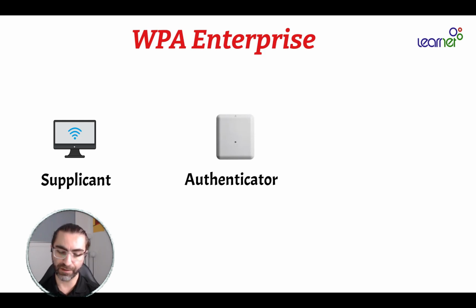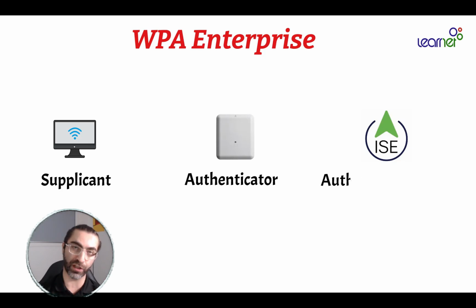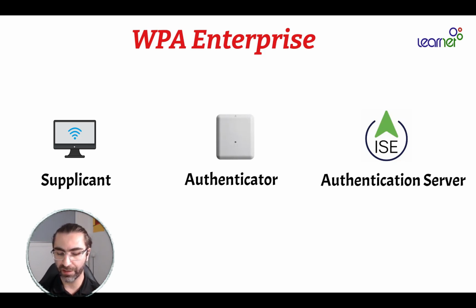And finally, we have our authentication server, which is the database of your identities or your credentials, which can be a server like Cisco ISE or Identity Services Engine. In ISE, you can define users locally in the ISE database, or you can fetch users from external identity servers like Microsoft Active Directory or any directory services server.